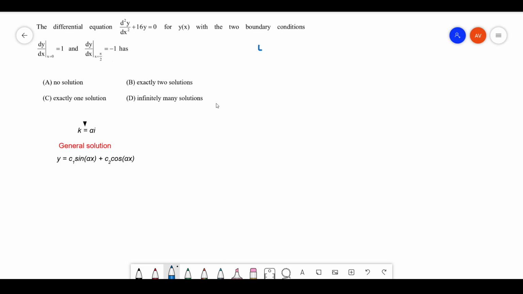Let's assume that y is equal to e raised to kx. This is a solution. Therefore y dash, which is dy by dx, is equal to k into e raised to kx. Again, y double dash, which is d square y by dx square, is equal to k square into e raised to kx.